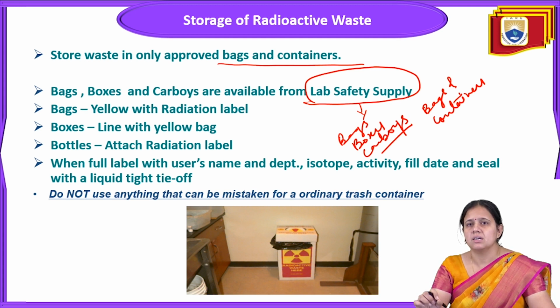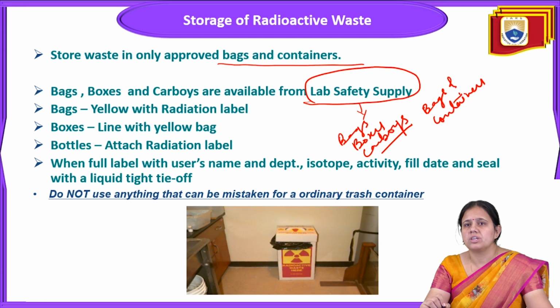The bag should be yellow in color, with the radiation label on it. The same applies to boxes, which should be lined with yellow bags, and to bottles, on which the radiation label should also be attached.